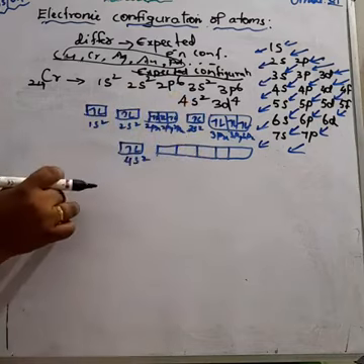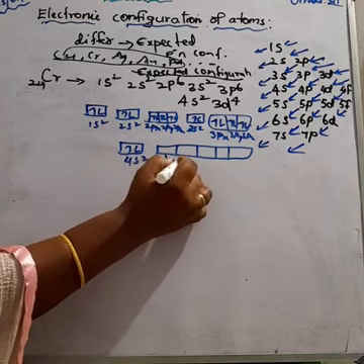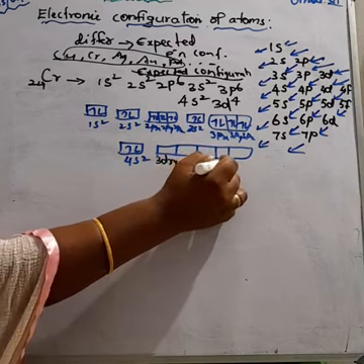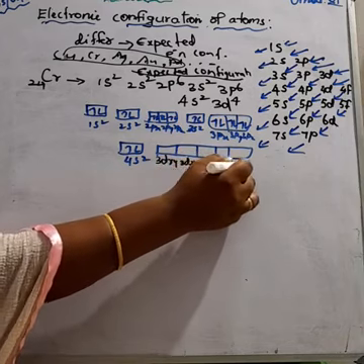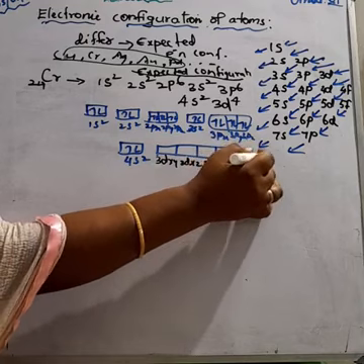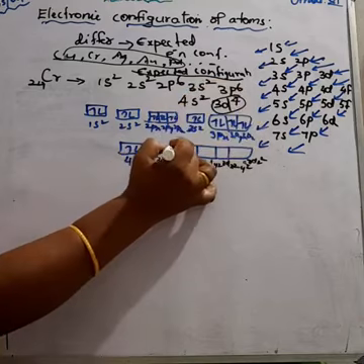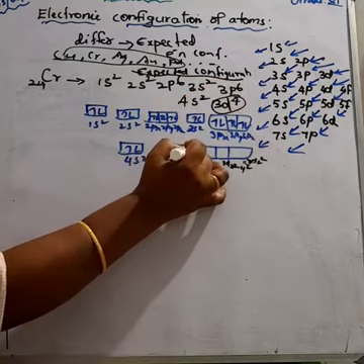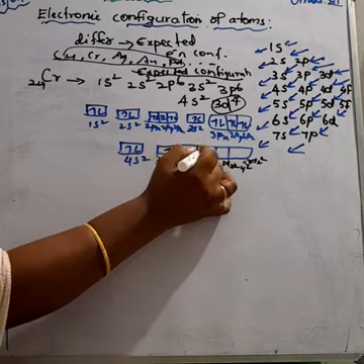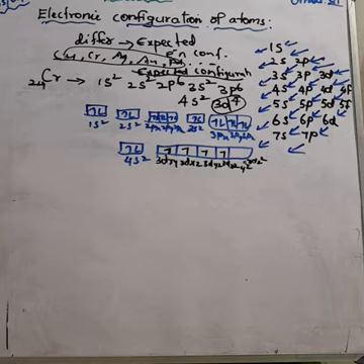We can designate them as 3dxy, 3dxz, 3dyz, 3dx2-y2, 3dz2. How many electrons do we have here? Total 4 electrons. According to Hund's rule, we first fill singly: first, second, third and fourth. Totally only 4 electrons are here.